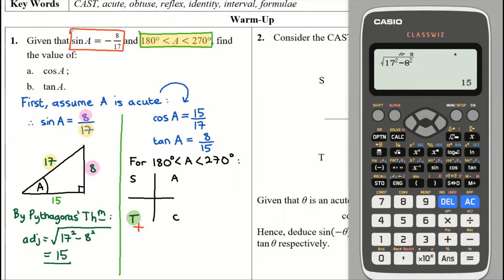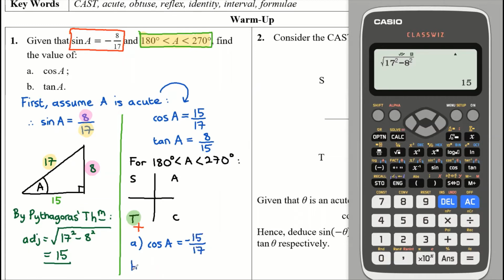So to answer the question, we can just write down our answers, which we'll do now. So we'll have A, the cosine has to be negative. So that's going to be negative 15/17.